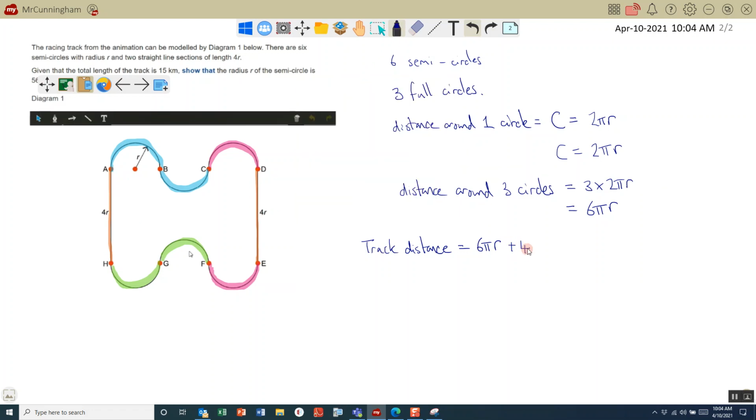So I've got plus 4r plus 4r, and we know that the total length of the track is 15 kilometers. So I can let this equal 15 kilometers. So I've got 6 times pi times r plus 4r plus 4r is 8r. And I need to now solve this for r.